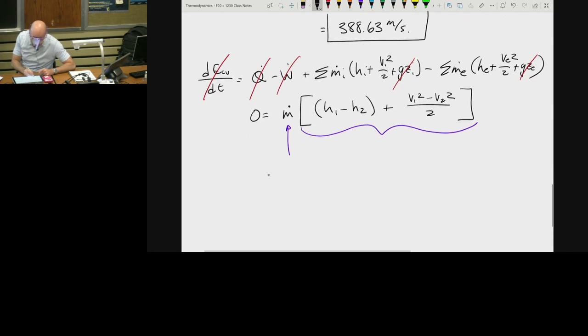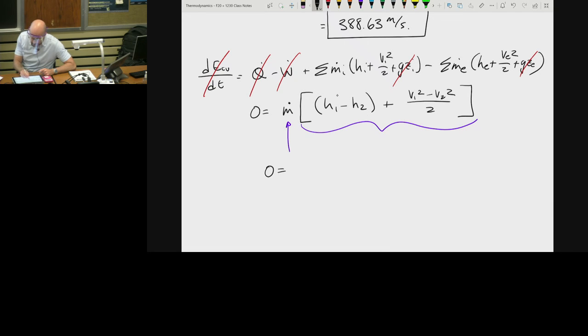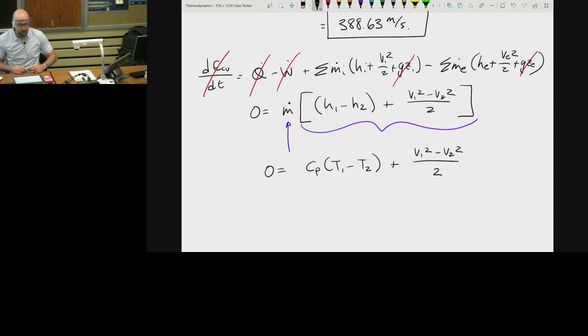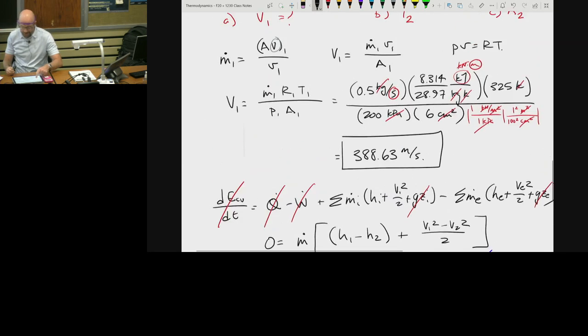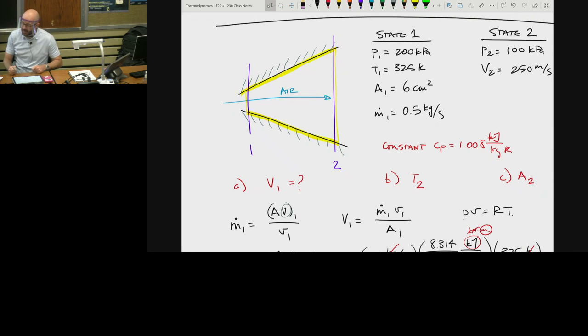So I say 0 is equal to, and I do this with H, because it's a constant specific heat problem, C sub P times T1 minus T2 plus V1 squared minus V2 squared all over 2. Now here is where students sometimes, when I give a problem like this on the exam, go, ha, Wanklin, you are trying to get me. Because you just said C sub P, specific heat at constant pressure, and I can read this problem isn't at constant pressure.